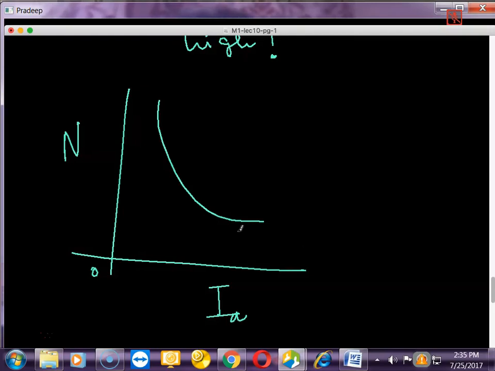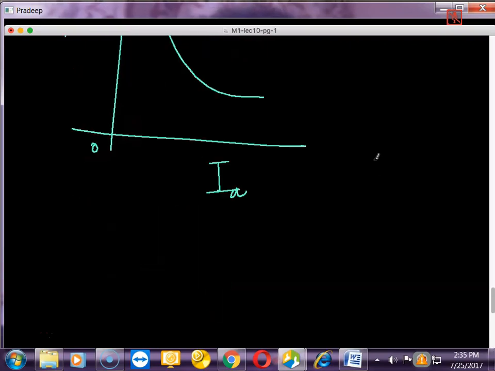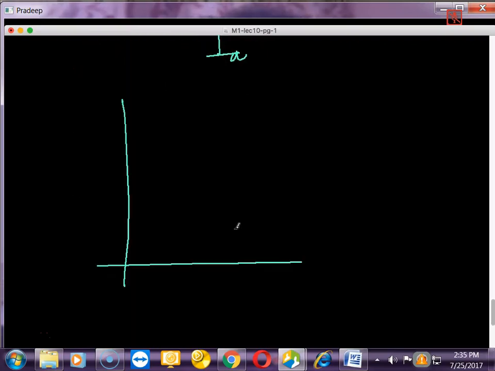So this is about the relation between speed and Ia of a machine. Now, in the same way, since Ia is proportional to torque and the square of Ia is proportional to torque, we will get a similar relation.